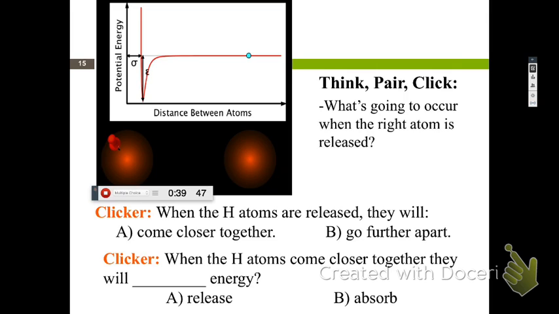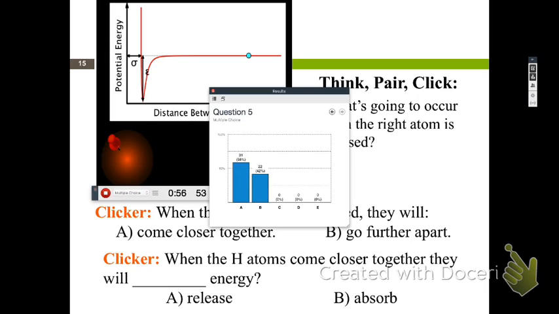A couple more clicks. All right, closing out. Well, before we close out, I do want to see the results. 50-50.